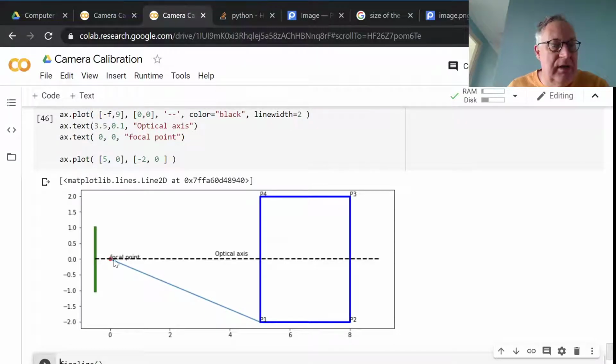So now I can see that this gives me a right angled triangle. Now the ray cast from the point P1 is going to strike the image plane.